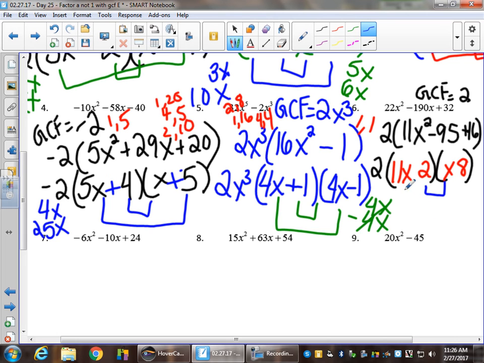Inner is what? 2x. Outer is what? Does that come out to 95? No. So what happens when you switch them? You get 8x, 22x. Does that come out?